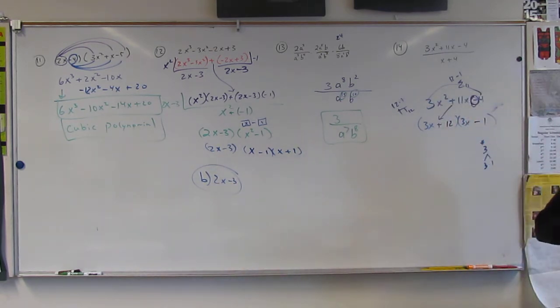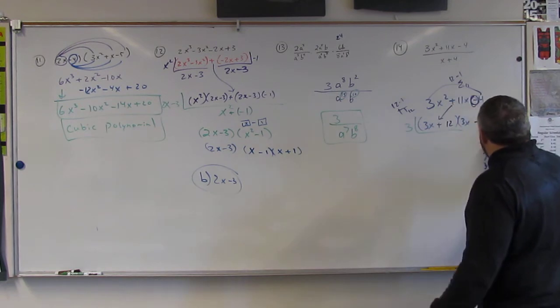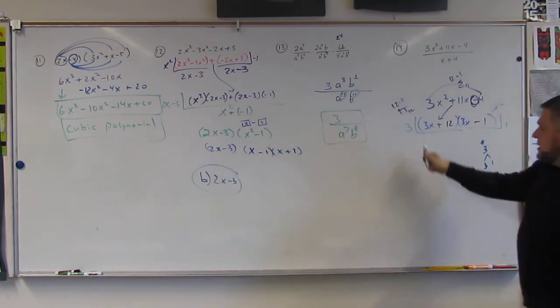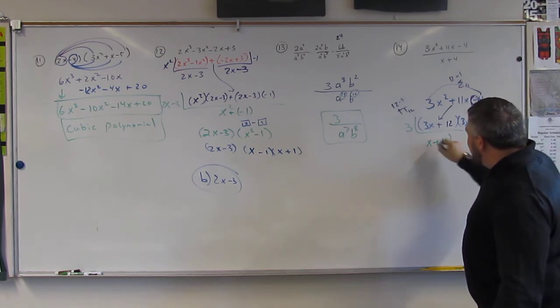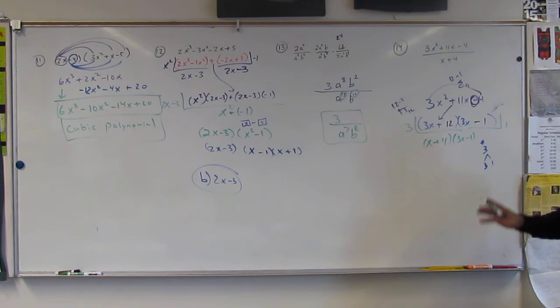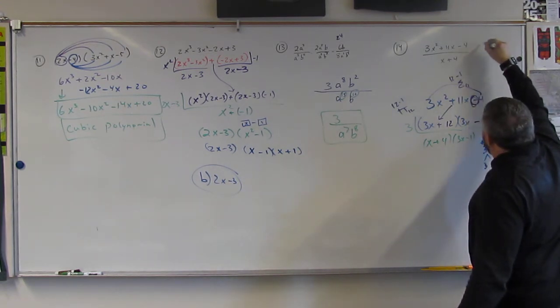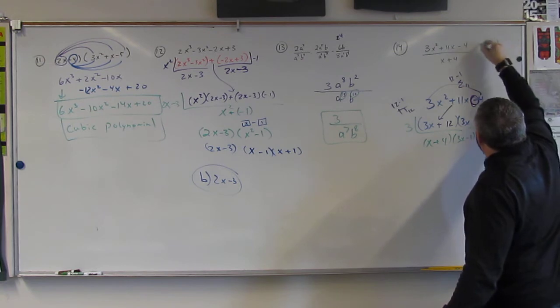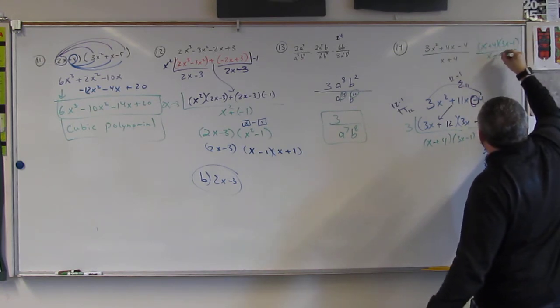But we have an extra 3 in there. We need to take out that 3. And 1. 3 goes into 3 once. 3 goes into 12 4 times. 3x minus 1. And so we're left with this. So what happens here is we have x plus 4 times 3x minus 1 all over x plus 4.